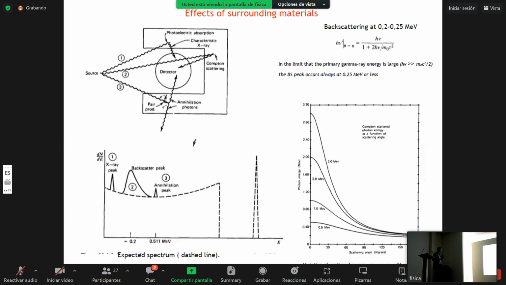You can have, for example, X-ray peaks from photoelectric absorption in surrounding materials, which leads to characteristic X-rays and so on. In real life, your picture is usually more complicated, looking like this, compared to this dashed line, the ideal picture.